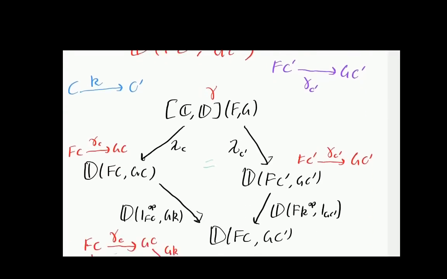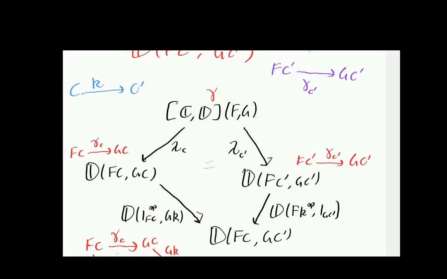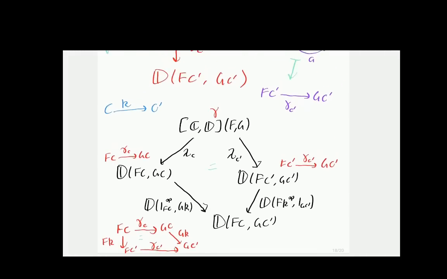So basically, we need to show that for any arrow k from c to c dash, we have this kind of diamond commuting. But it's kind of easy to see this because if you think about what the conditions mean, what they end up meaning is that this kind of square has to commute. But we know it does.